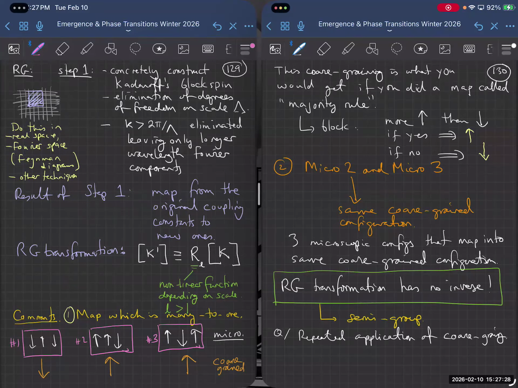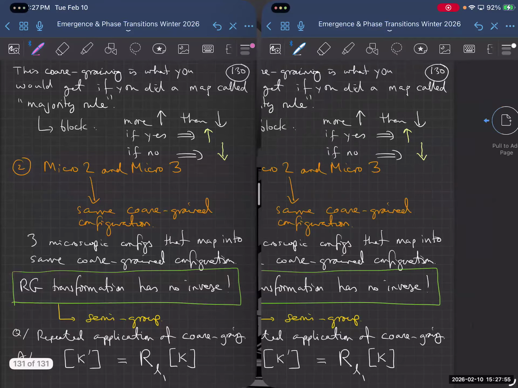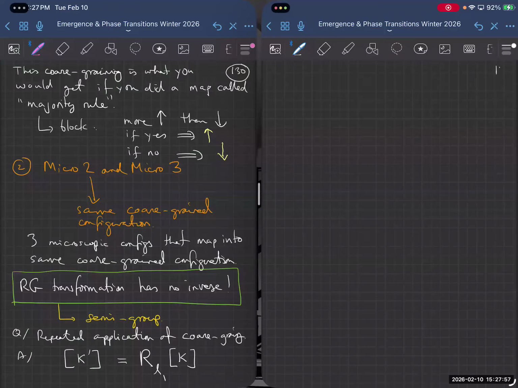We're going to imagine that I start off with some degrees of freedom, some coupling constants, which I'll write as a kind of vector like that, and then I apply a renormalization group transformation of scale L1 to that, and once I've done that, I've got the image of that transformation, which I'll call K prime. So that is one renormalization group transformation.